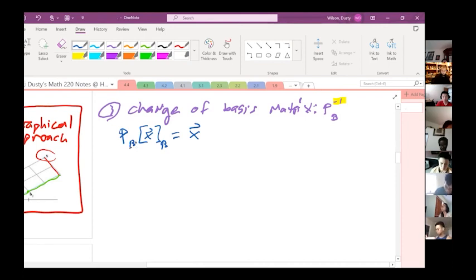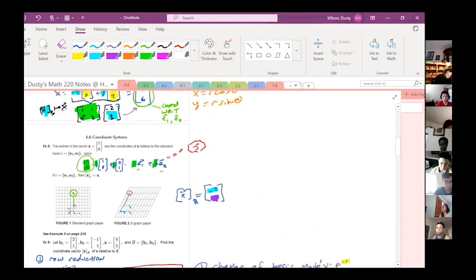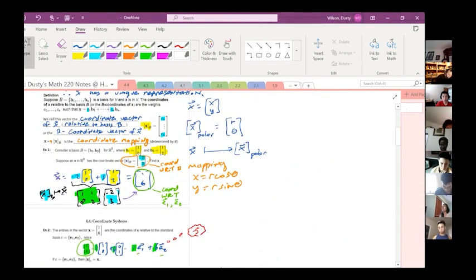Let's go back in the notes for a moment to this example, example 1. So what we have here is our PB matrix, and we're multiplying by XB, and we're getting out X. Okay.